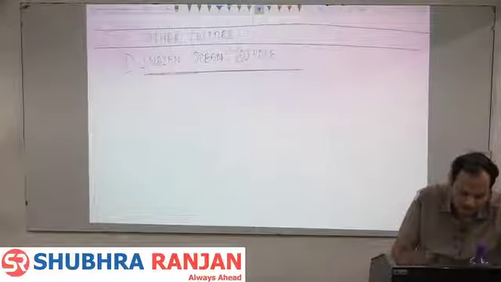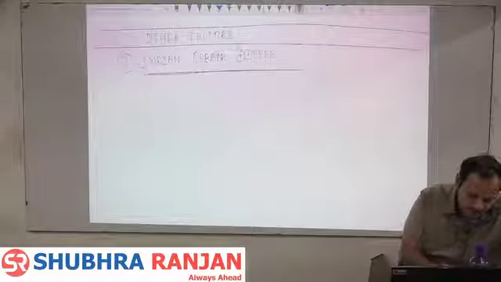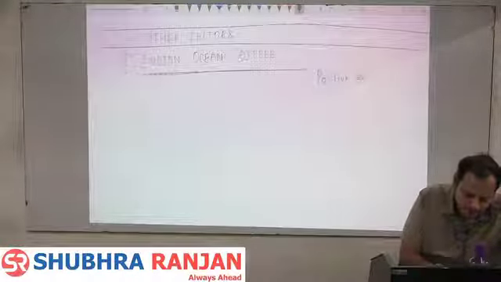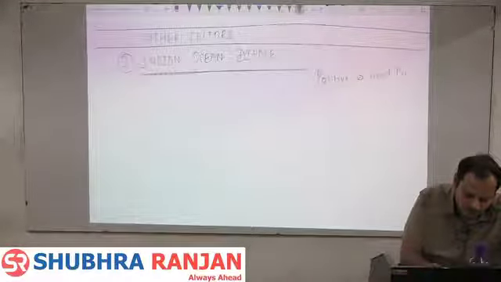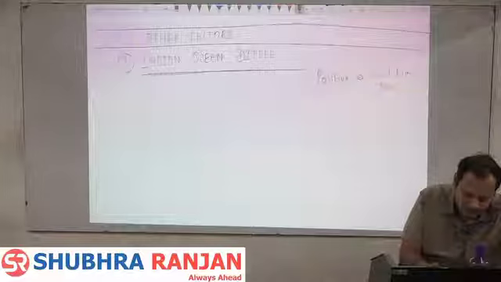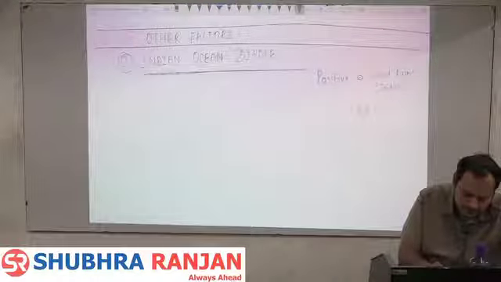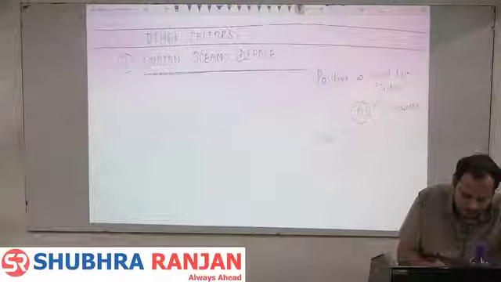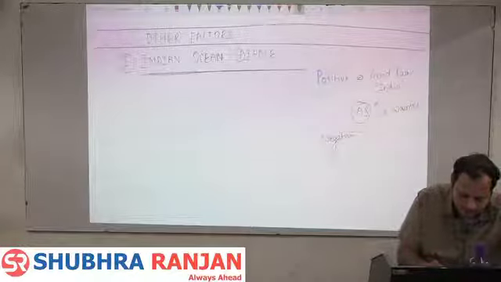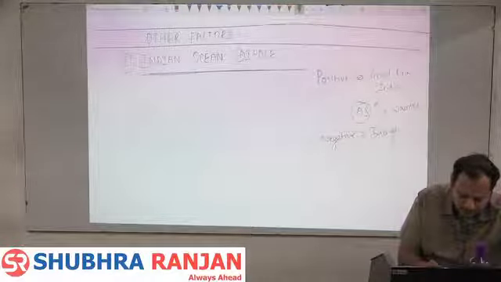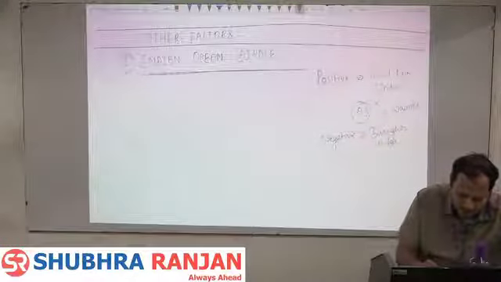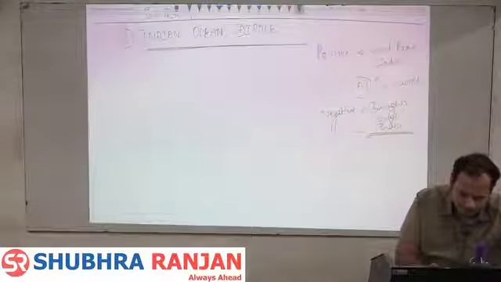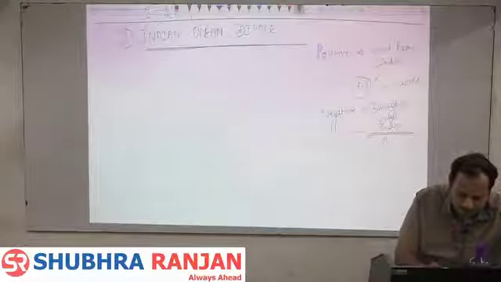Any doubt? Whenever you get a doubt, just remember: positive, good rains over India, because the Arabian Sea is warmer. Negative, droughts over India and good rains over Indonesia.